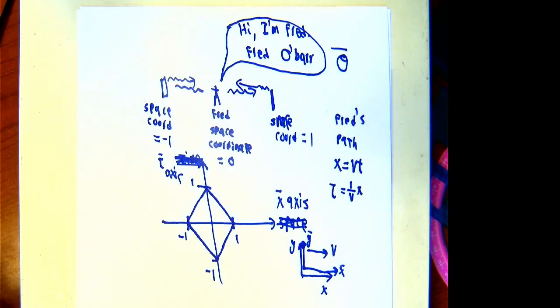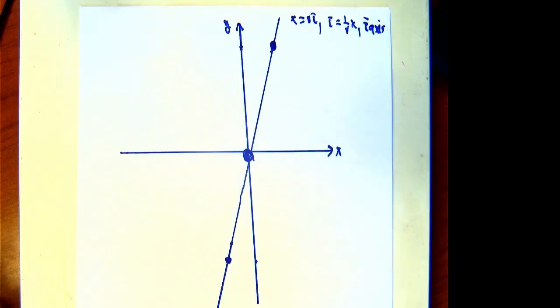Or if you prefer, t is 1 over v times x, also known as the t-bar axis. So what I'm going to do is draw in the unbarred coordinate system.